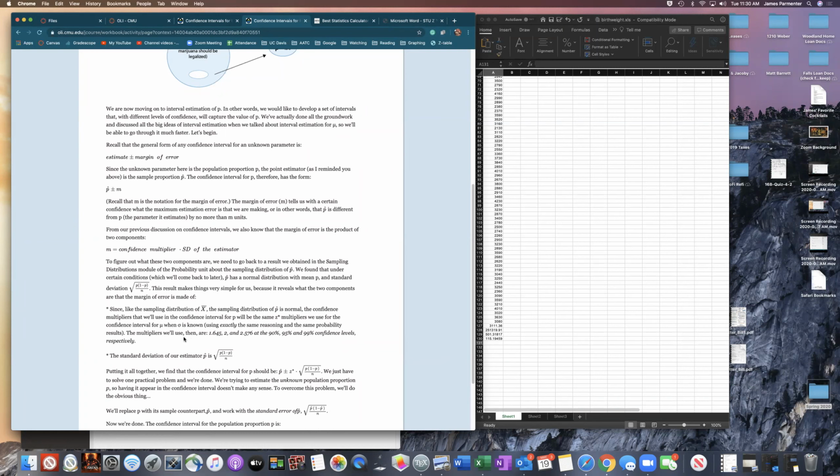The multipliers we'll use are 1.645, 1.96, 2.576. And that's probably what I should have been using in the previous problem instead of 2.575: 2.576.